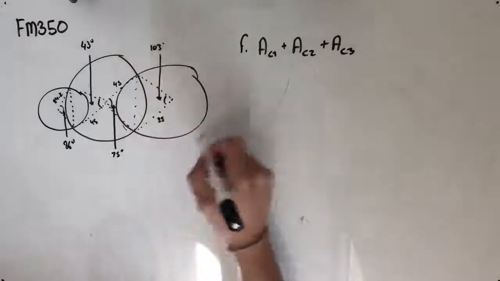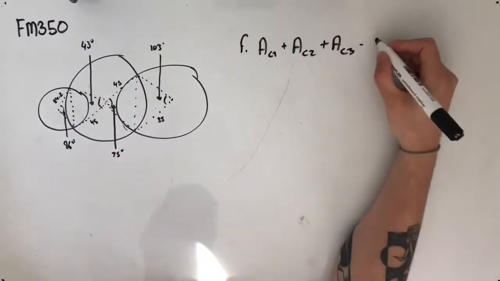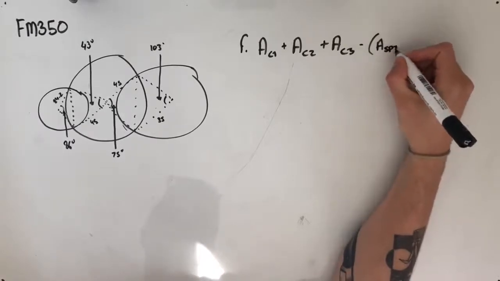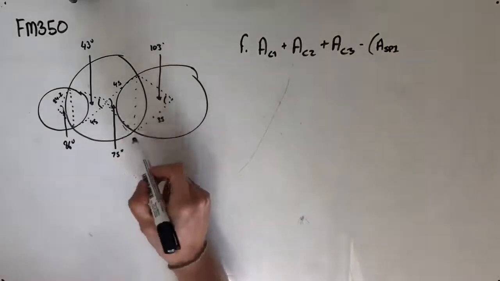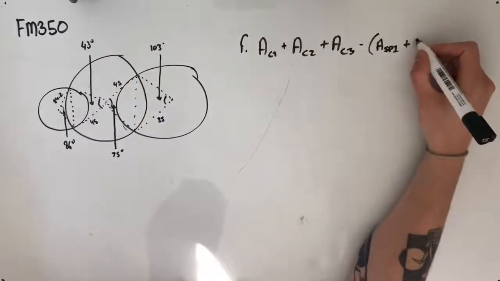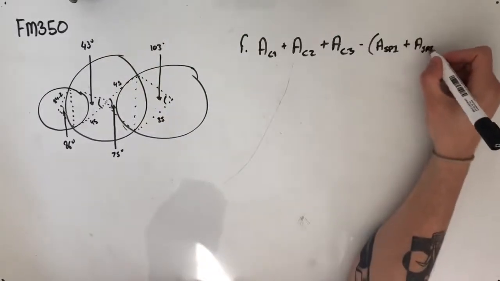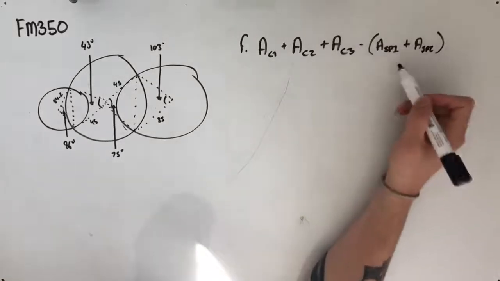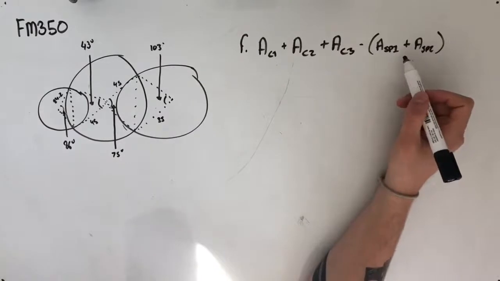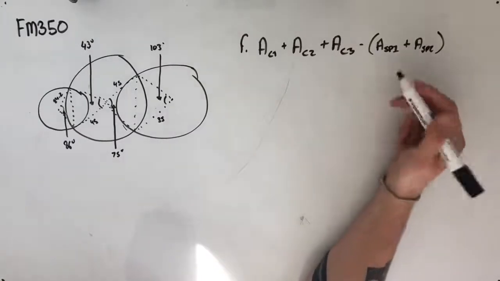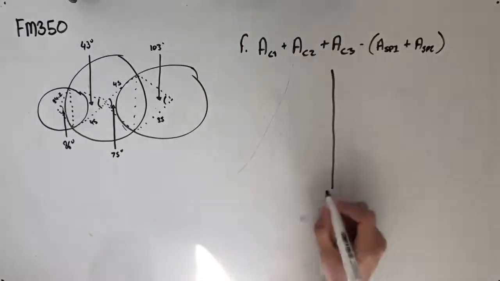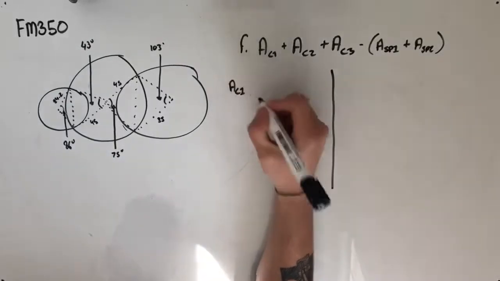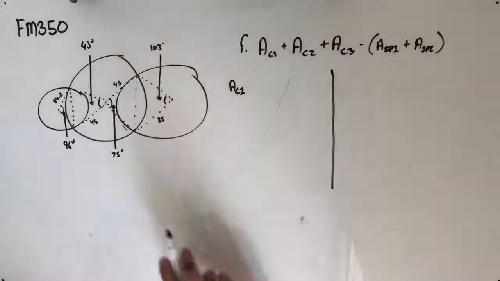So after we've added our 3 areas, we're going to have to subtract the area of segment pair 1, which is this segment pair here, and the area of segment pair 2. I've added these together here because it's going to subtract the combined area of those two, and that's exactly what we want. To break this down a little bit, to find the area of circle 1, we'll treat that as being the circle on the far right here.